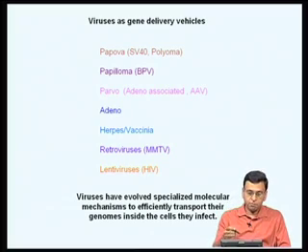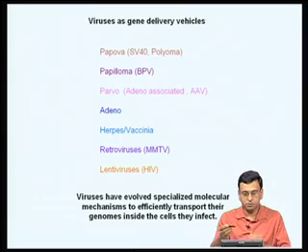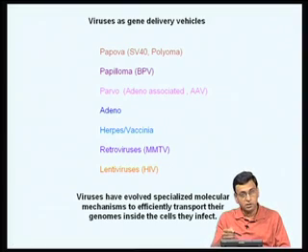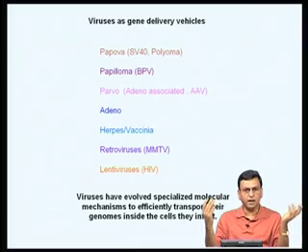The reason is, a number of viruses belonging to a variety of families, a variety of classes of viruses like papovaviruses, papillomaviruses, parvoviruses, adenoviruses, herpes viruses, retroviruses, lentiviruses, they all infect humans and animals.